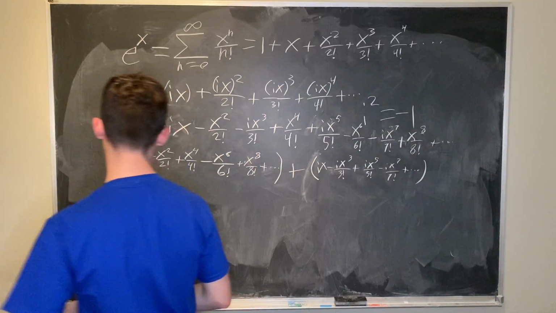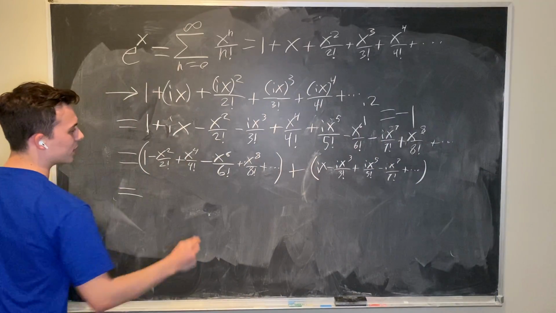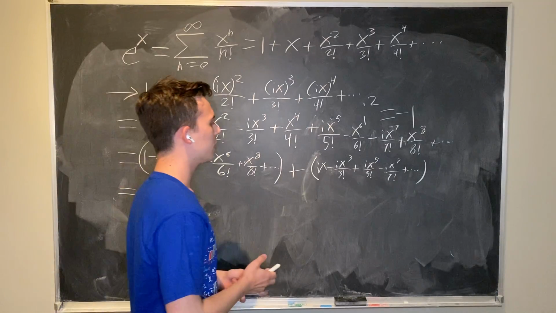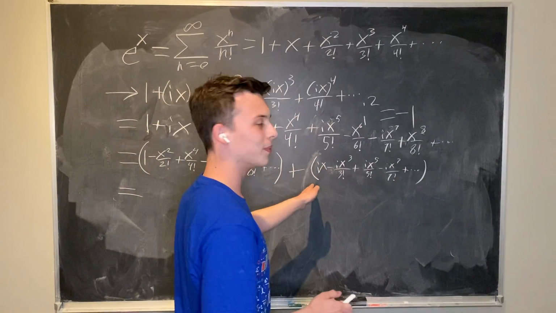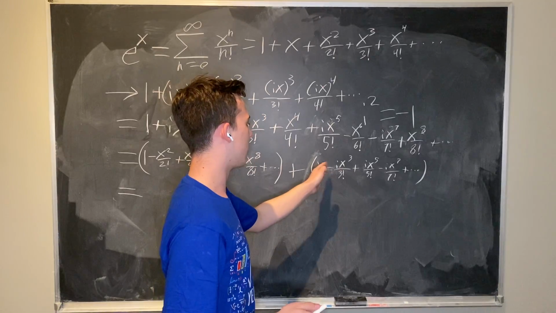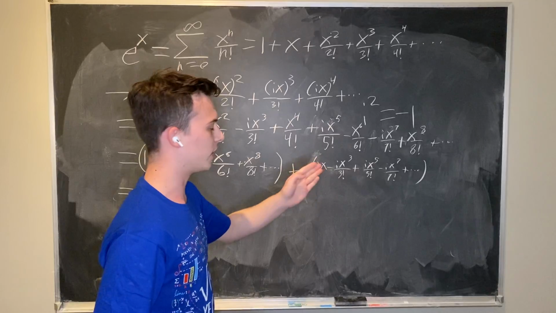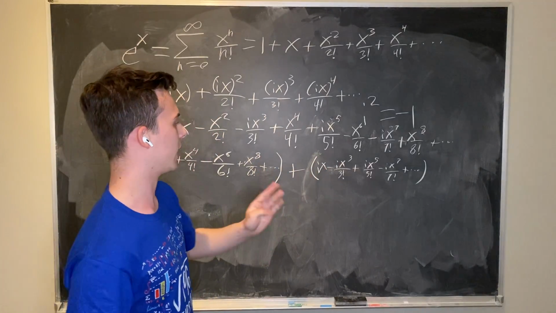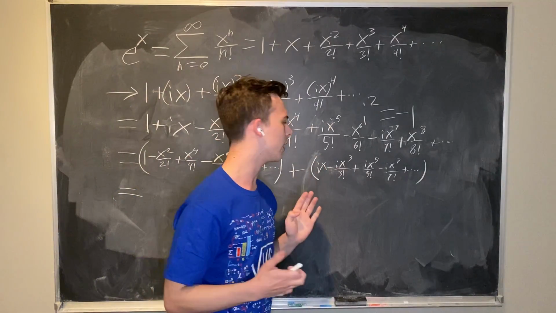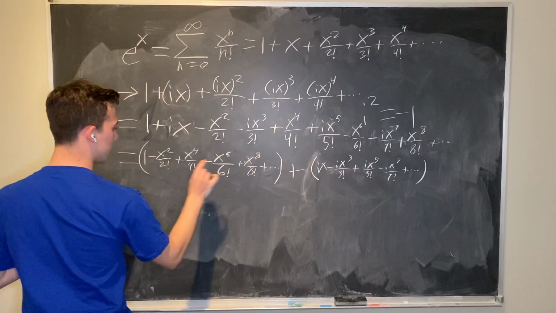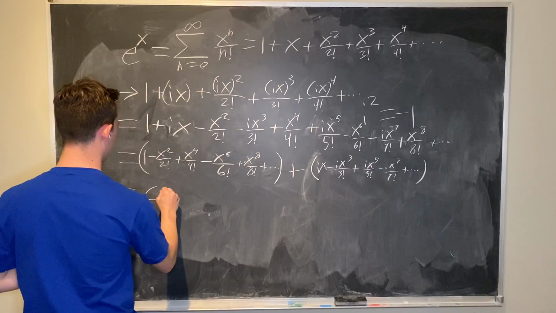So what we're going to do is, it does look like sine, but we have an i in there, right? So if we just brought that i out, it would be sine: x minus x to the 3rd over 3 factorial plus x to the 5th over 5 factorial minus x to the 7th over 7 factorial. So let's bring out the i. We can write this as cosine of x, because we know this is cosine of x, right?